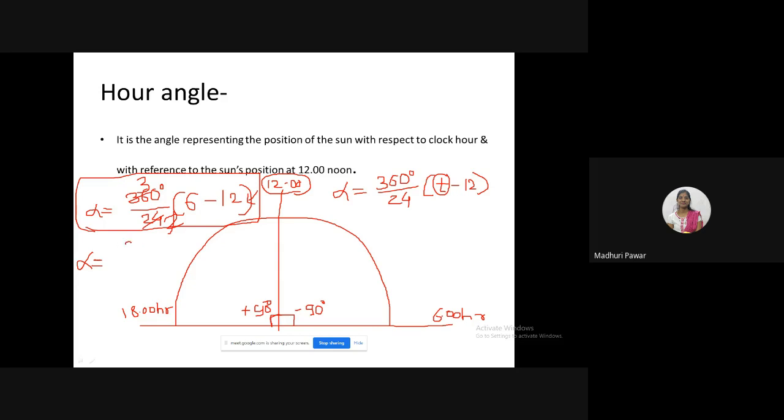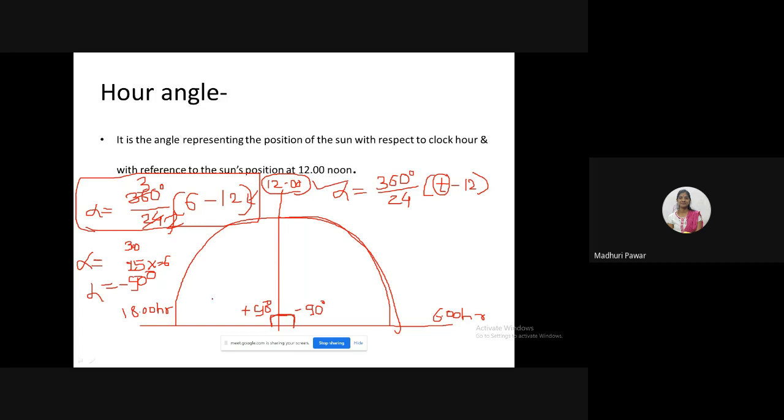Six minus 12 gives minus 90 degrees as the angle. So at 6 o'clock, the angle is minus 90 degrees with reference to 12 o'clock.